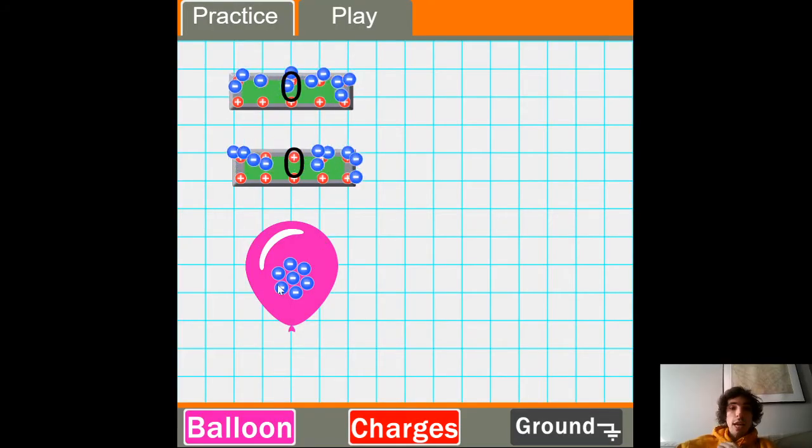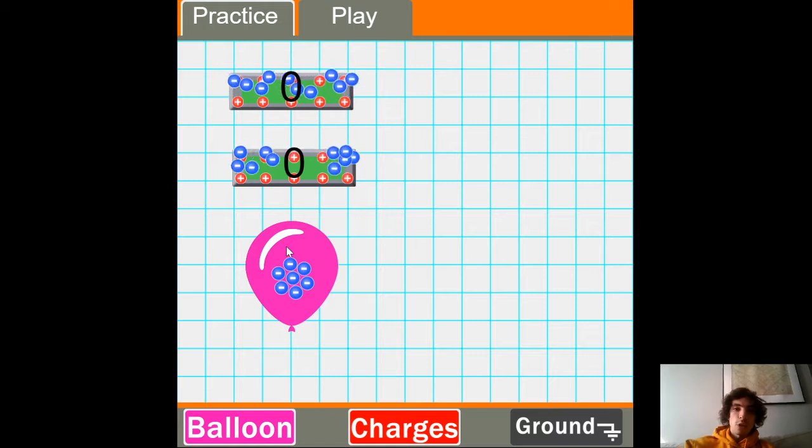Since this negatively charged balloon was brought close by, all of the electrons in both of these metal rods are pushed up to the top, as far away as they can from the excess negative electrons in the balloon. So even before we have our charging in induction, we can see that polarization step.